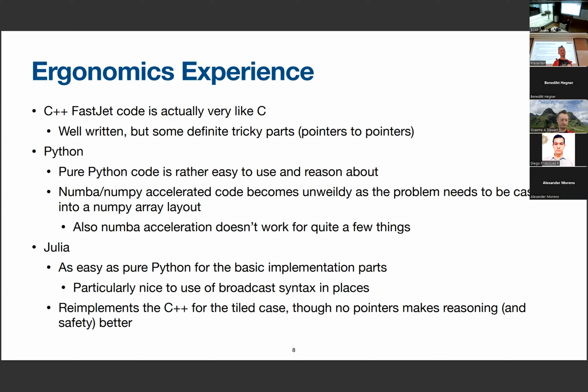I mean, the FastJet code is pretty good code for C++. Actually, it's sort of C++, it's sort of C, really, because it's fast because it uses C type of data structures and it uses fast, tight for loops. It's pretty well written code. I can't criticize the authors for the way in which they wrote the code, but there's definitely some tricky parts because you have these arrays of arrays, so you have pointers pointing at pointers, and that's just hard to reason about to make sure that you're really doing the right thing.